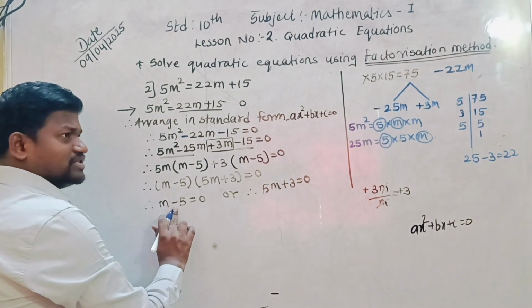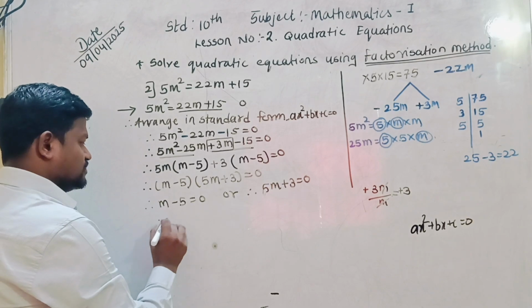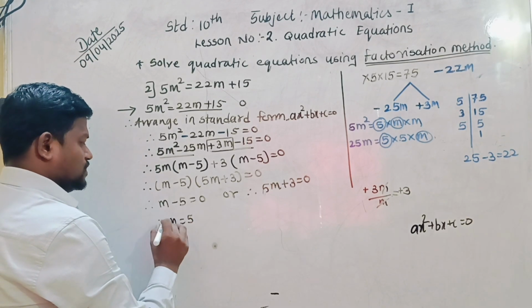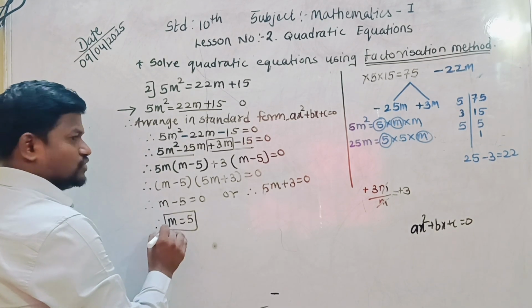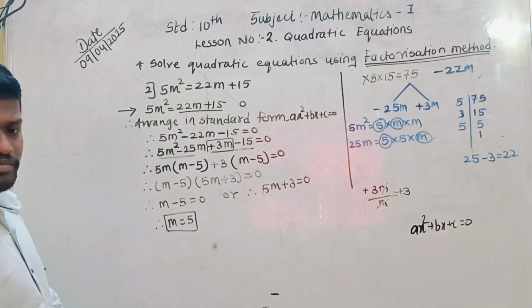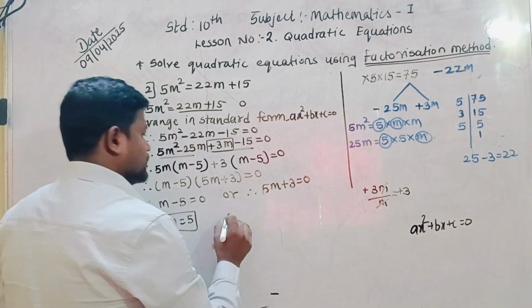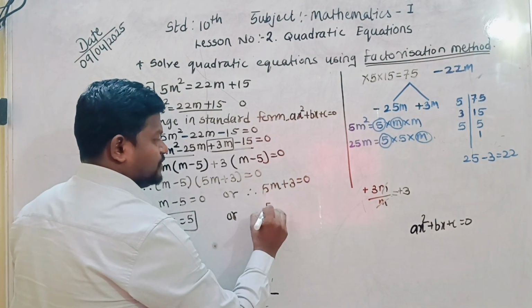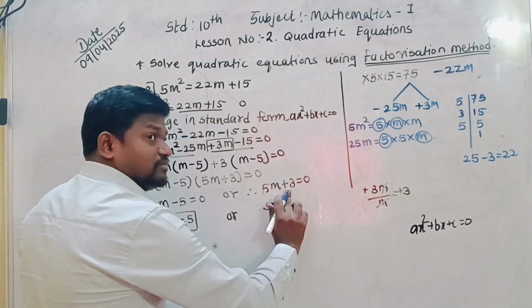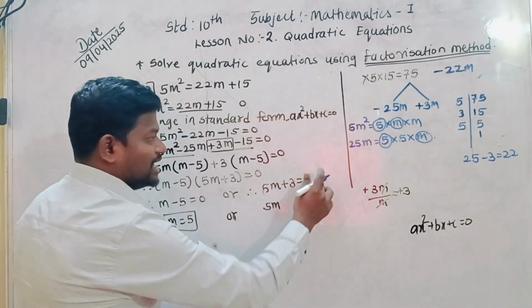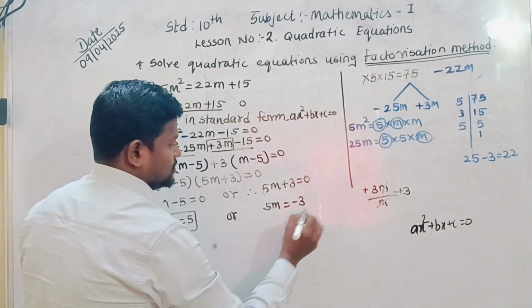Change the side of minus 5 to the right side, then we will get m equal to 5. Then 5m as it is. We first change plus 3 to the right side, then we get minus 3.